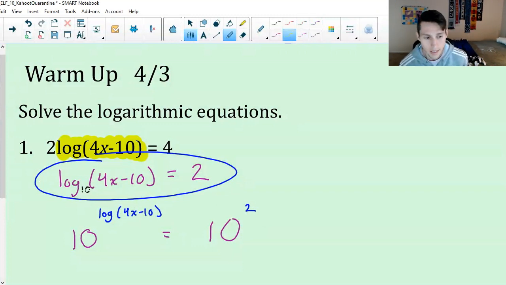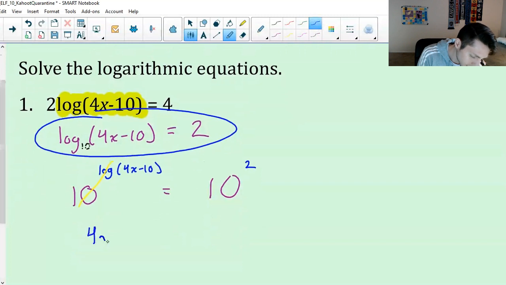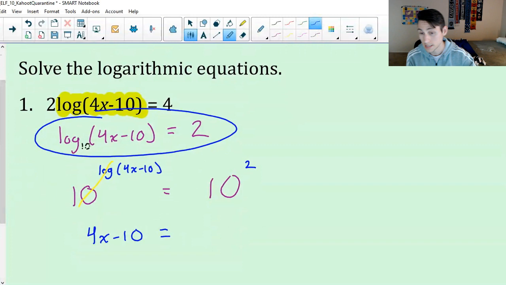The reason we do that is because exponential base 10 and logarithm base 10, so 10 to the power of a logarithm base 10, would cancel each other out, just leaving us with 4x minus 10 equals 10 squared, which is 100.